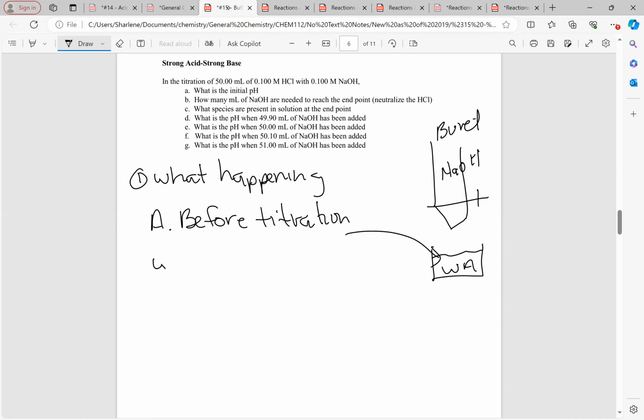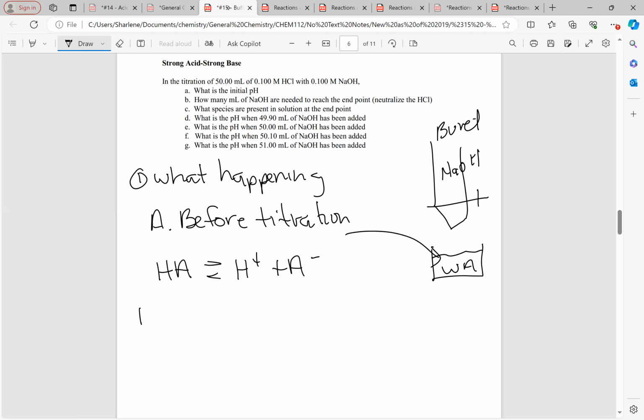So that is a weak acid going to its, whoops, I should have put HA. Okay, so there's nothing new there. That's just a weak acid. And then we can do all of the equilibrium and we can figure out what the pH is.